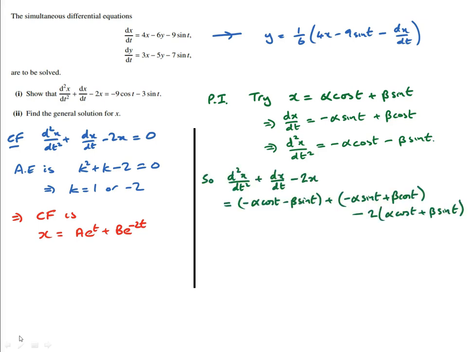So d2x/dt squared plus dx/dt minus 2x will be minus alpha cos t minus beta sin t, plus minus alpha sin t plus beta cos t, minus 2 lots of alpha cos t plus beta sin t.